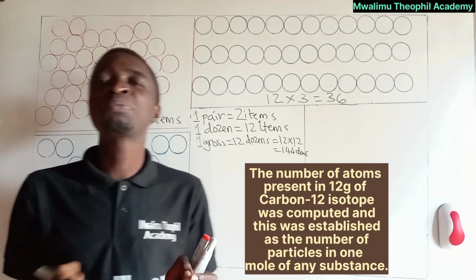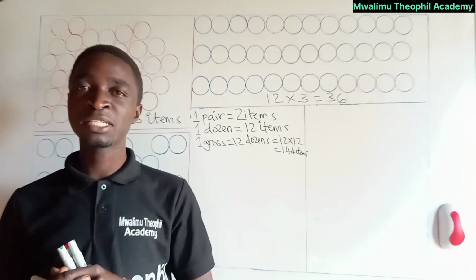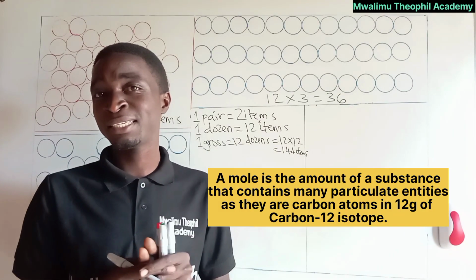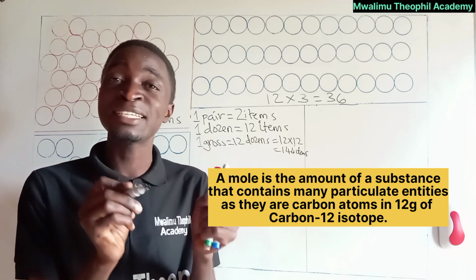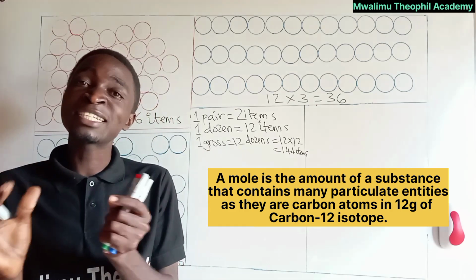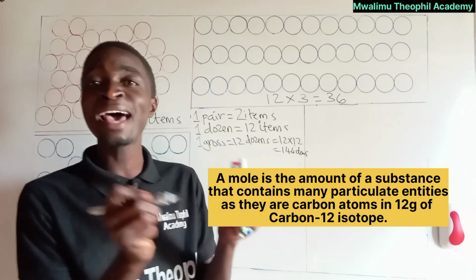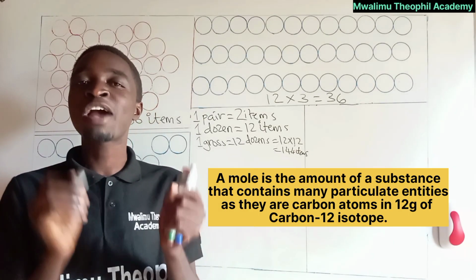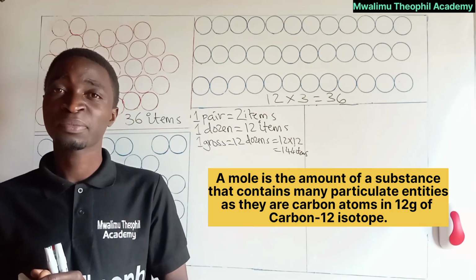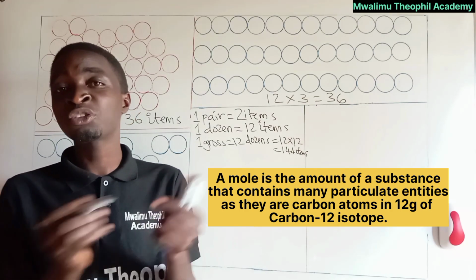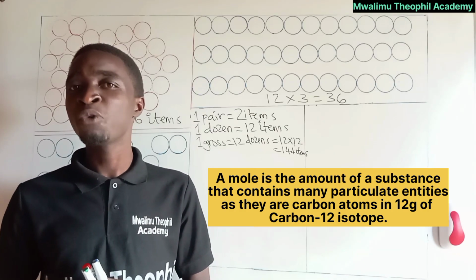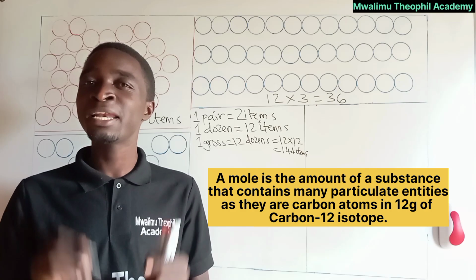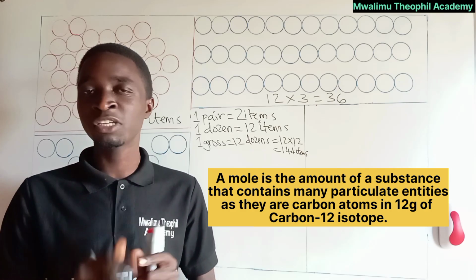So, when we speak about 1 mole of a substance, we refer to the amount of a substance that contains as many particulate entities as there are carbon atoms in 12 grams of carbon-12 isotope. So, how did they get to know that number, which they took as the standard unit for the number of particles in 1 mole of a substance?